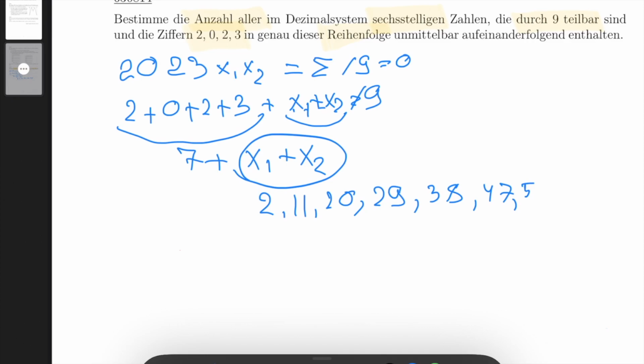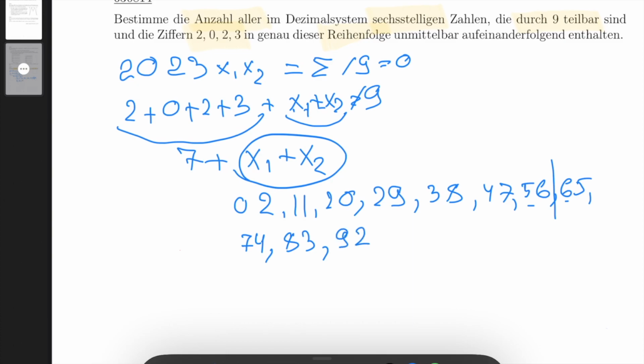We will have 0, 2, and then 56, and then you will see that we have the mirror. So 65 is the same as 56 mirrored, and we can go on: 74, then 83, then 92.